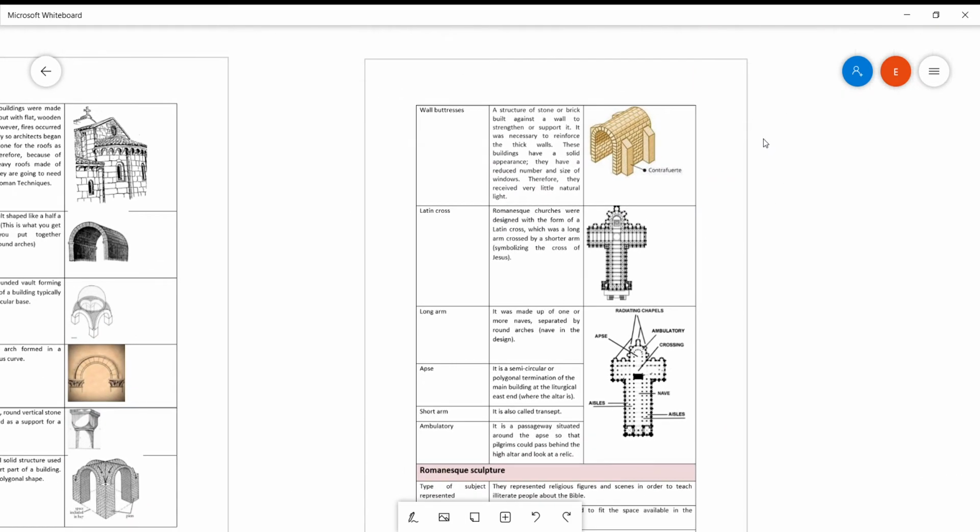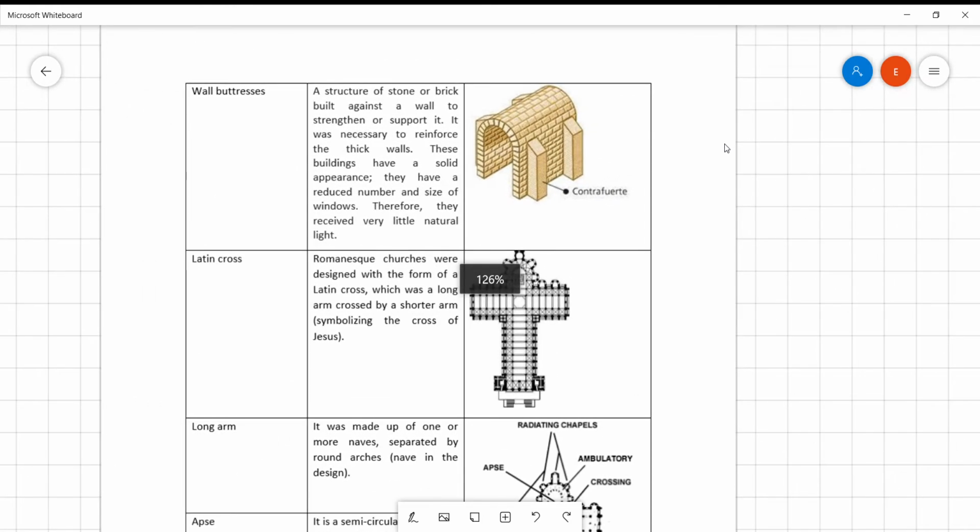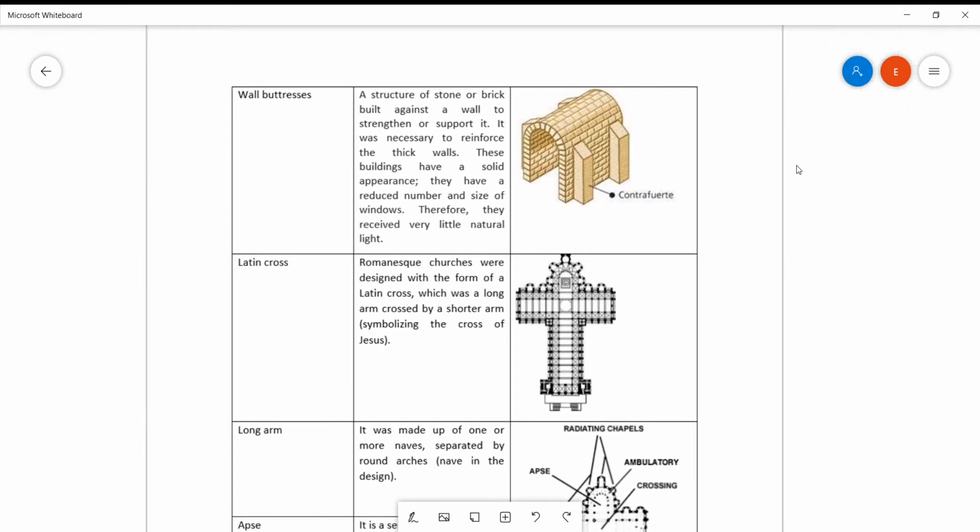More elements that we have, more characteristics. Okay, the wall buttresses. The wall buttresses son los contrafuertes. Okay, this is a structure here of stone or brick to support the wall. Okay, and this is again because they have a lot of load to support, tienen mucha carga que soportar.